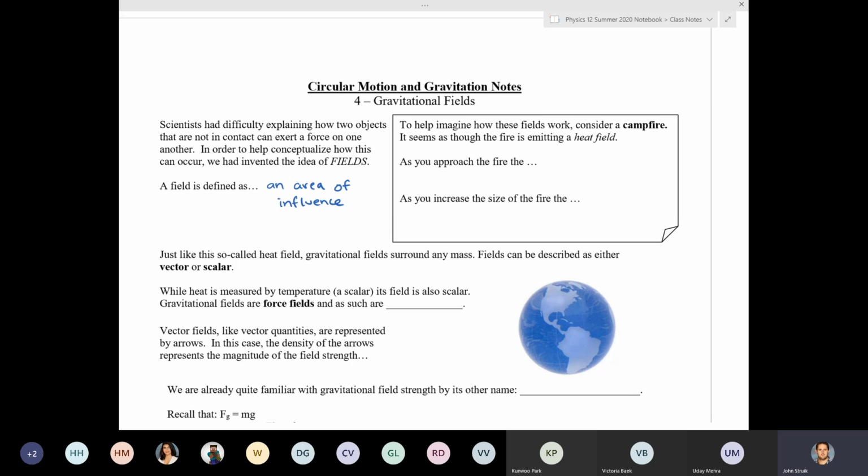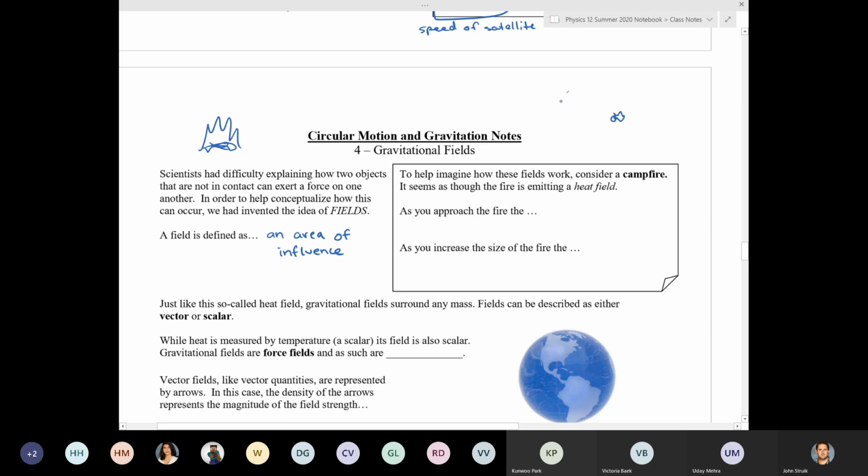Okay, so you have this campfire. There's our campfire, there's our logs. The closer you get to it, the hotter it gets. If you imagine this campfire as being right here in the middle, there's an area of influence around that campfire where it provides heat.